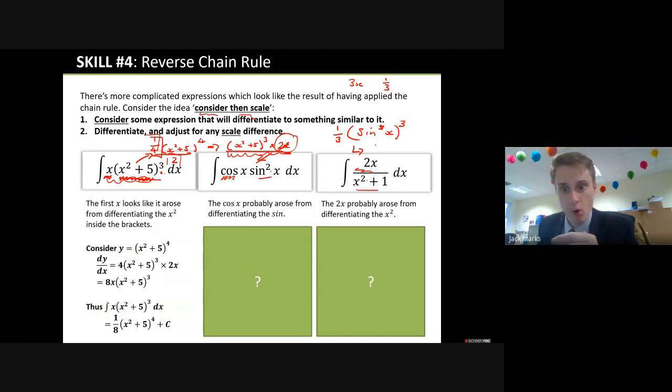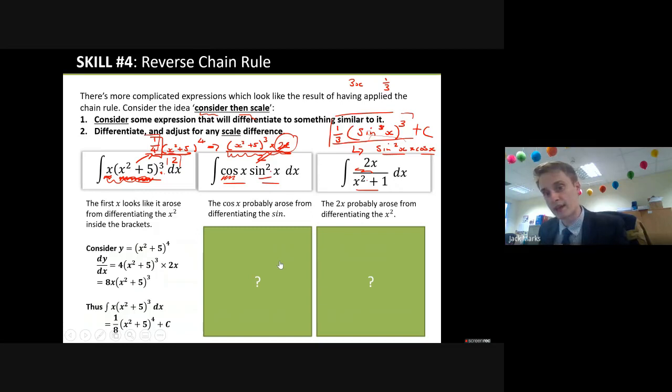And you will get sine squared x, but then you'll have a chain rule because of the middle as well, times cos x. Well, if you look at that, that's exactly the same as that, which means this must be the answer, plus c.